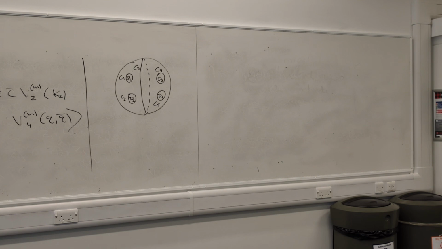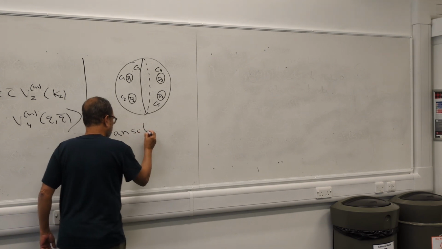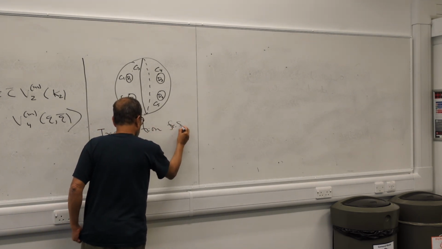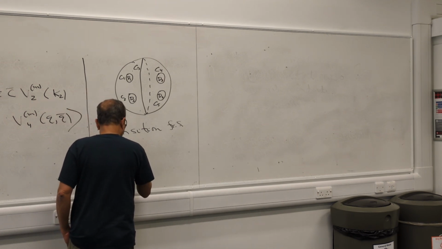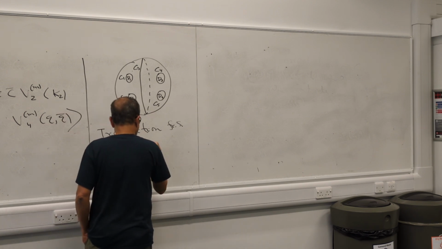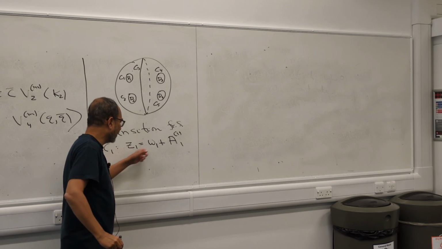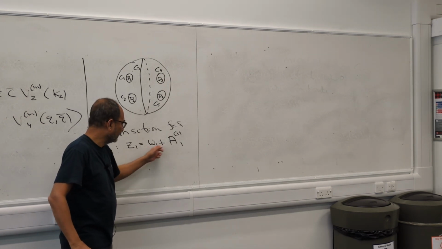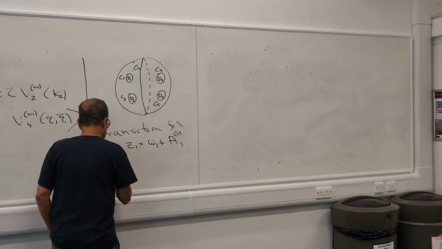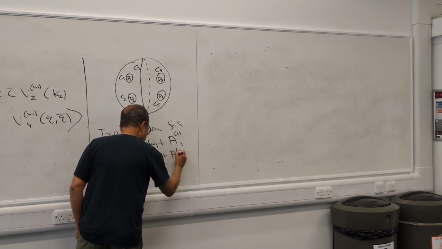Okay, so transition functions. On C1, we put Z1 equal to W1 plus A11. Okay, this is just a constant. So C1, from the Z perspective, is a circle around A11. So we identify Z1 and W1 by this. On C2, we take Z1 as W2 plus A12.